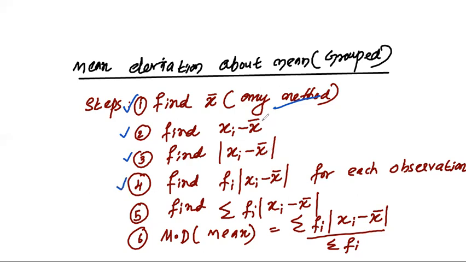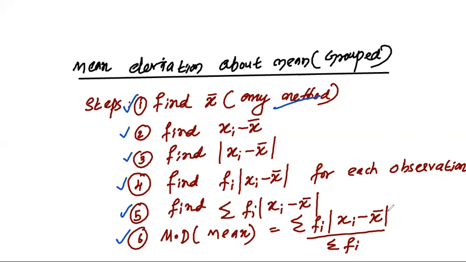As it is grouped data, frequencies will be there, so multiply the modulus of xi minus x bar with the frequency. Then take the sum of fi into mod xi minus x bar. Finally, the formula for mean deviation about the mean is sigma fi into mod xi minus x bar divided by sigma fi.